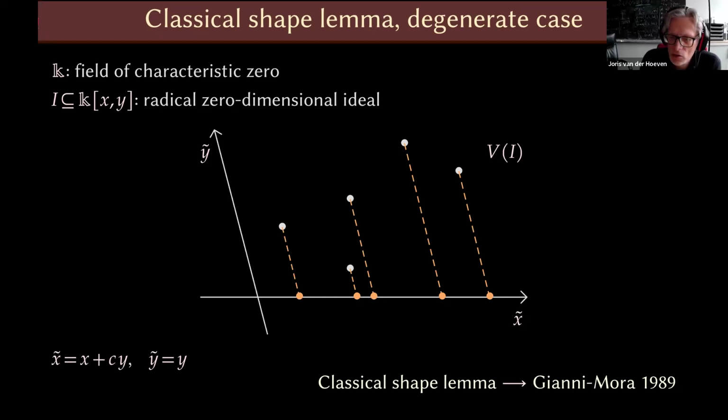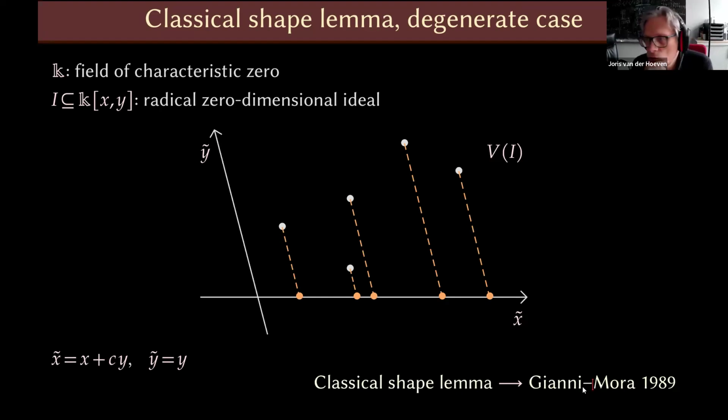So this classical shape lemma is actually due to Gianni and Mora in 1989, and this is a tool that is being used very much in computer algebra. It's a very useful description of zero-dimensional ideals.